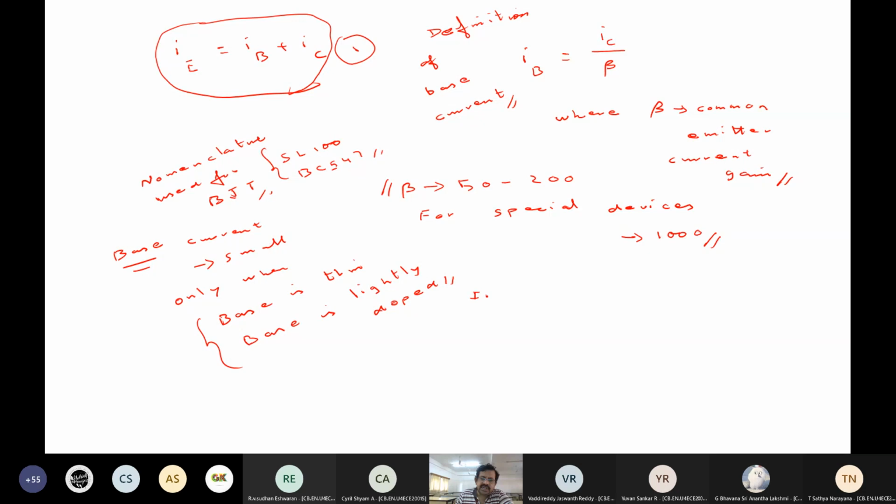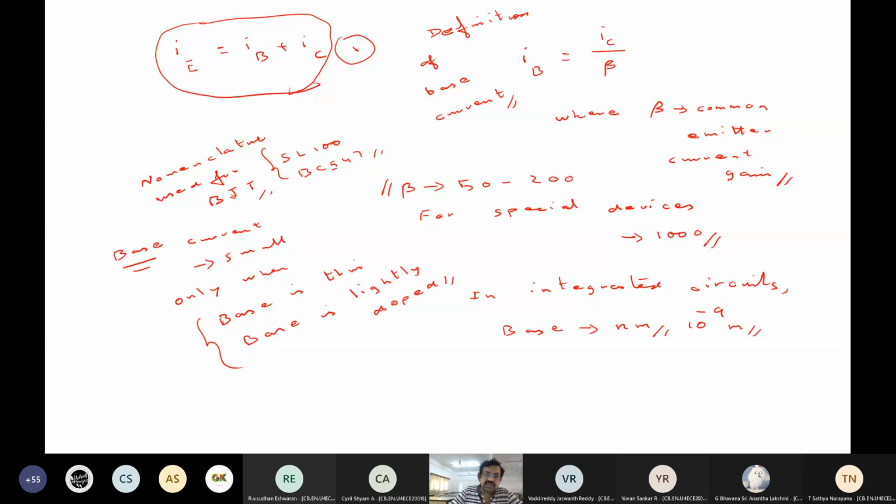Now in integrated circuits, base is made typically in nanometer, 10 power minus 9 meters. This is the typical size of the base in ICs. So this is exactly what it is.